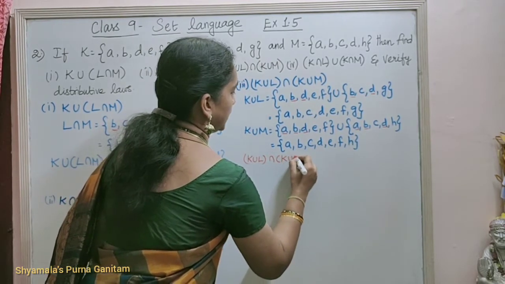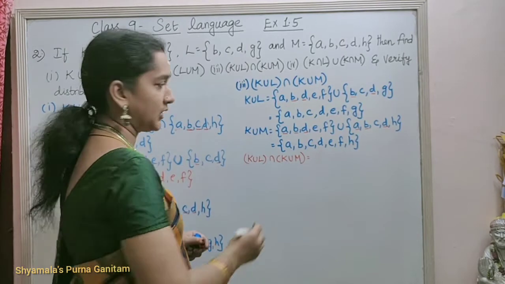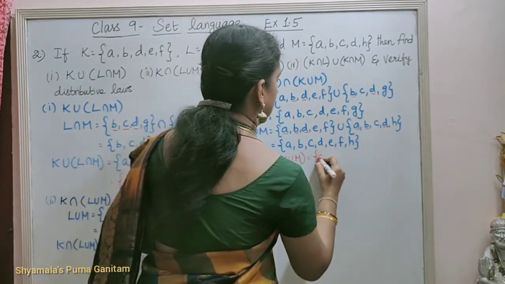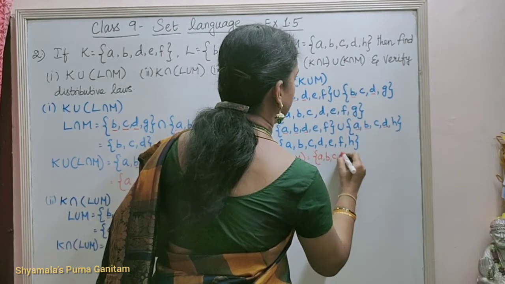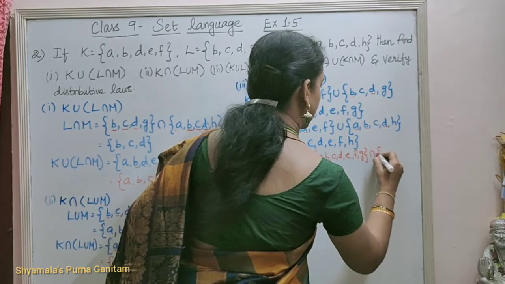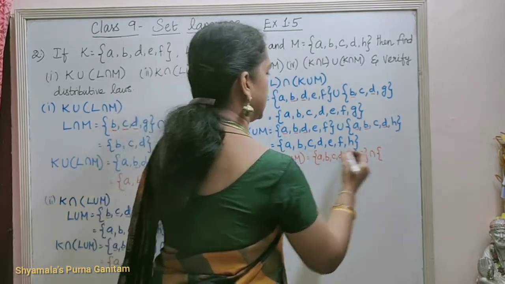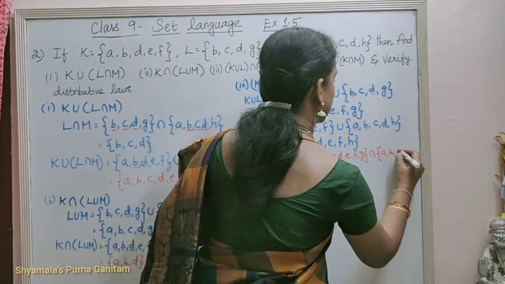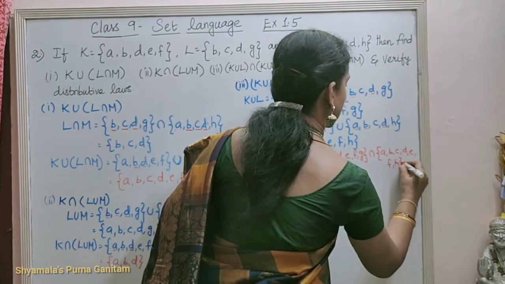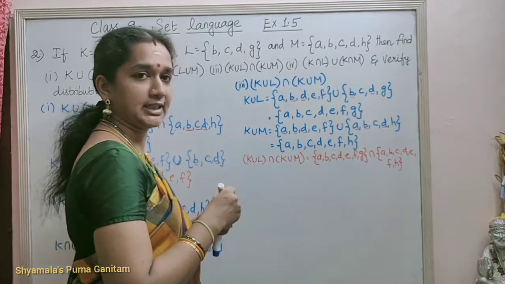intersection K union M. Now K union L is A, B, C, D, E, F, G. Intersection K union M is A, B, C, D, E, F and H. So intersection of both the sets we have to write.